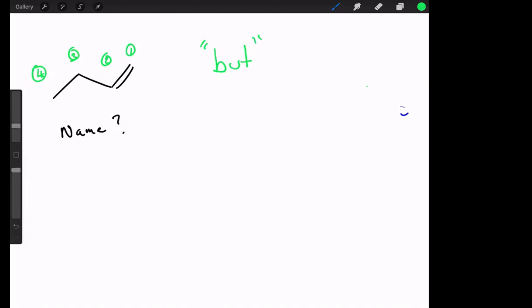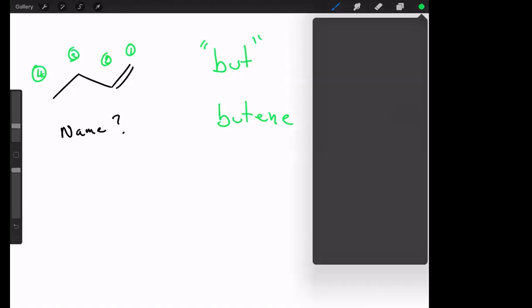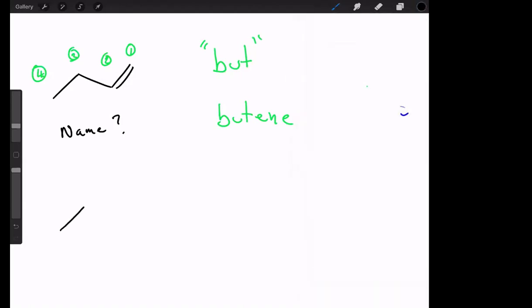It's now an alkene. So we want to say that it's butene and not butane. But now there is actually a consideration to make. That's butene. That's butene. And that's butene. We need to be able to specify the differences between all of these things.